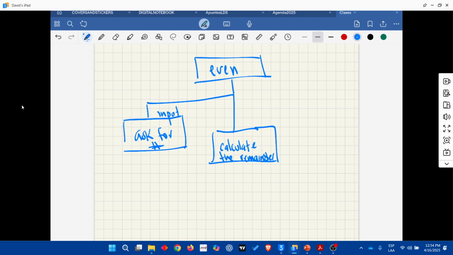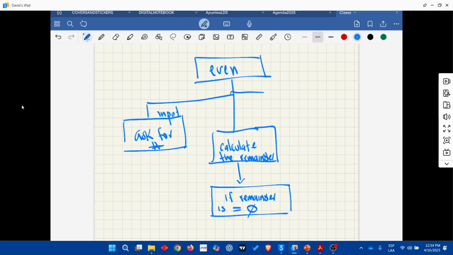Okay, now with the remainder, you are going to determine if the remainder is equal to 0.